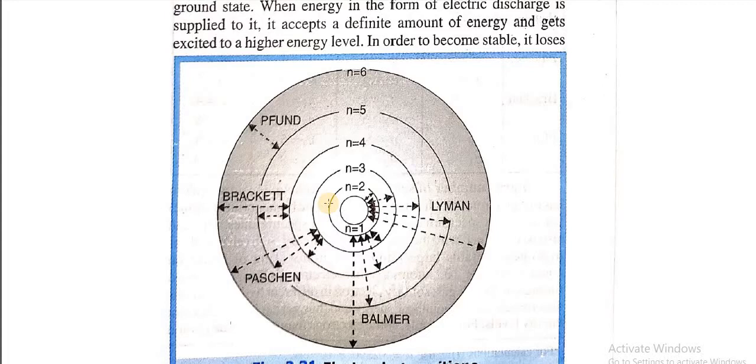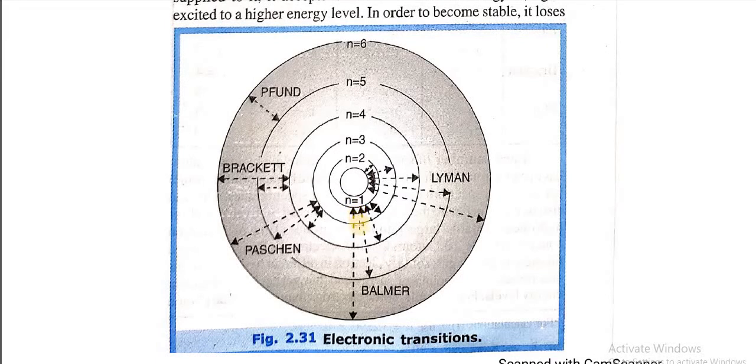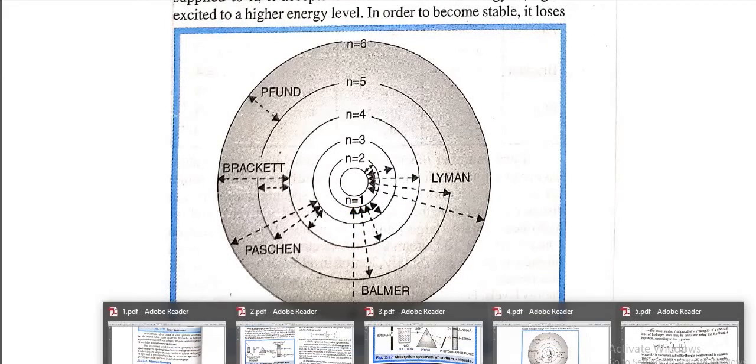When they jump from lower to higher energy level, they absorb energy. When it loses that energy and comes back, it will emit radiations of certain wavelength that correspond to the different spectral lines, we can say.